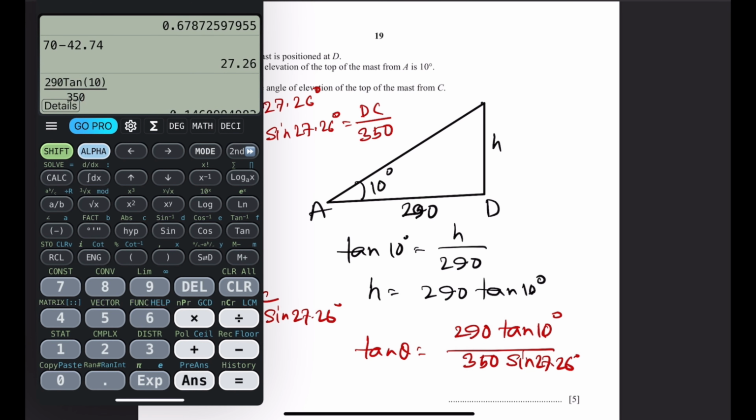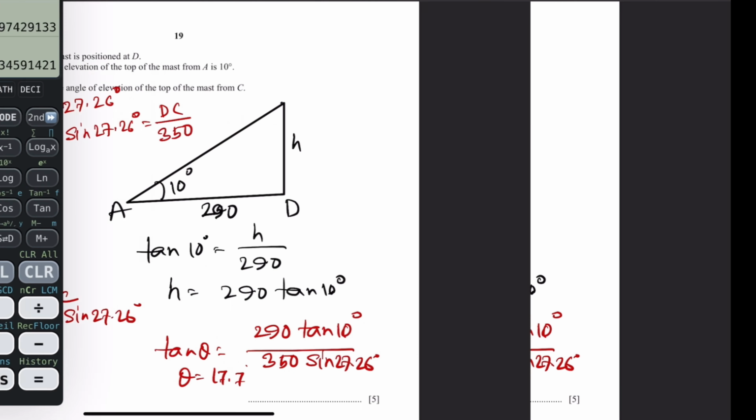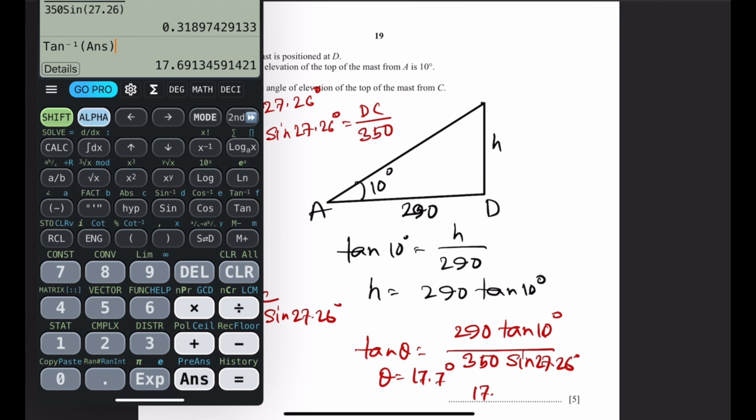Okay, so shift tan inverse, then the answer is becoming 17.7 degree.